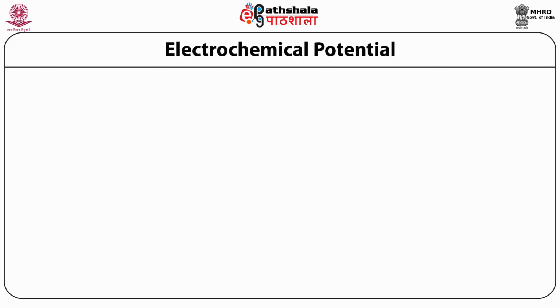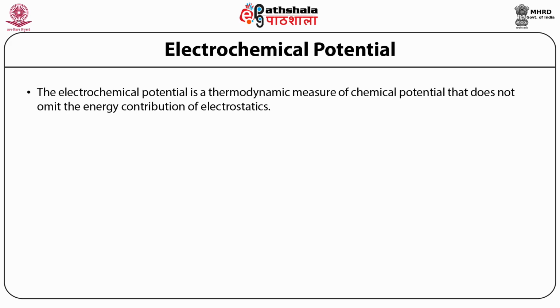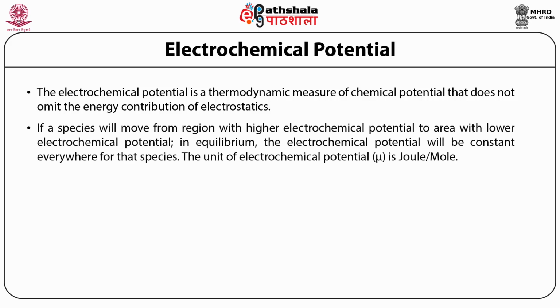Electrochemical potential. The electrochemical potential is a thermodynamic measure of chemical potential that does not omit the energy contribution of electrostatics. The chemical species, sodium, potassium ions, water molecules, etc., have an electrochemical potential at any given point in space, which represents how hard or simple it is to add more of that species to that location.